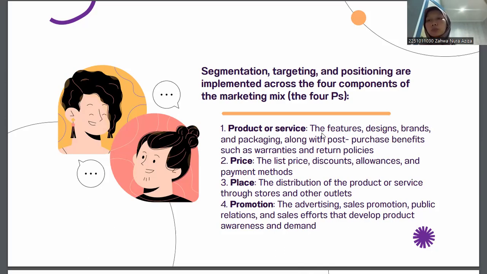The second is price: the list price, discounts, allowances, and payment methods. The third is place: the distribution of the product or service through stores and other outlets. And the fourth is promotion: the advertising, sales promotion, public relations, and sales effort that develop product awareness and demand. Next, please.